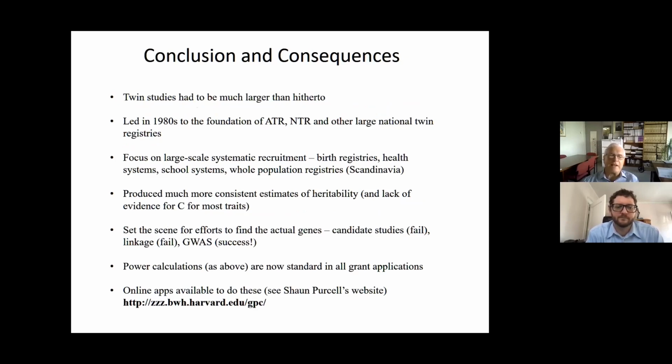And this led directly, in my own case, to the foundation of the Australian Twin Register, in which we recruited 15,000 pairs of twins in the space of about a year.